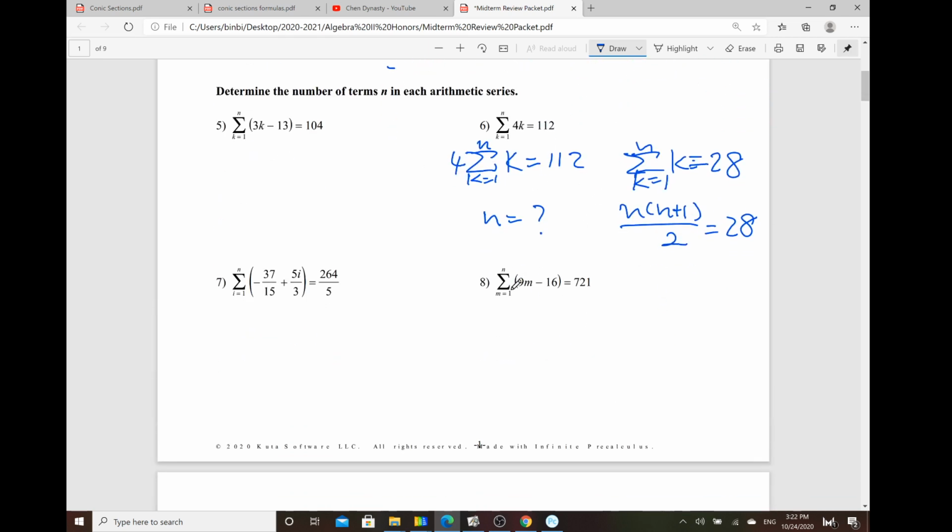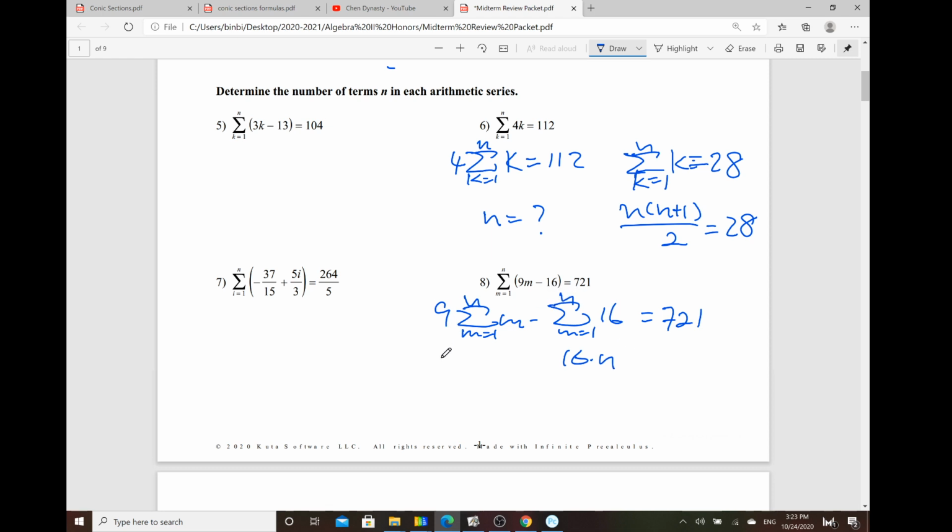And then the other one is quite similar. So this one, it's a binomial, so we want to expand it out, separate them. So 9, again, coefficient, we can always bring it to the front. Minus 16 sigma. So that means like 16 times n. This one is written as 16 times n because you want to add 16 n times.